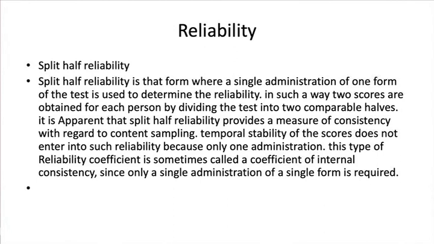This type of reliability coefficient is sometimes called the coefficient of internal consistency, since only a single administration of a single form is required. Because you have administered the single form one time, the temporal factor is nullified and will not enter in. So whatever the error will be, that error will be because of the content of the items.